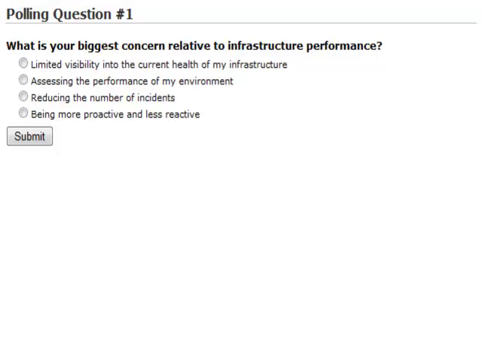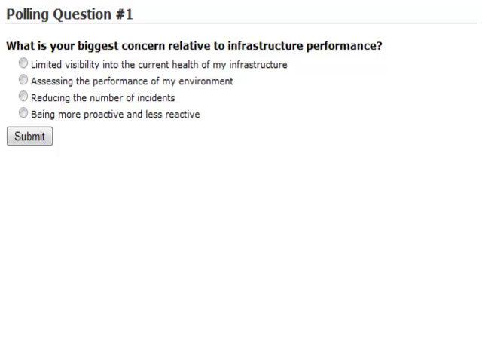Yes, sir. Okay. First polling question today is, what is your biggest concern relative to the infrastructure performance? And Steve's going to guide you through the polling. Yes, thank you very much, Stola. So what we'd like to know is, in terms of your biggest concern relative to infrastructure performance, is it limited visibility into the current health of my infrastructure?